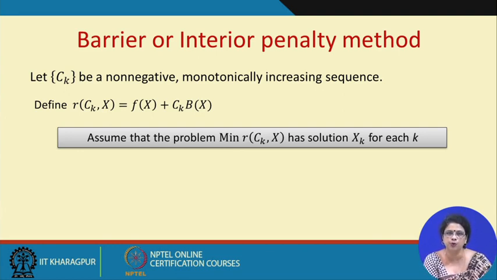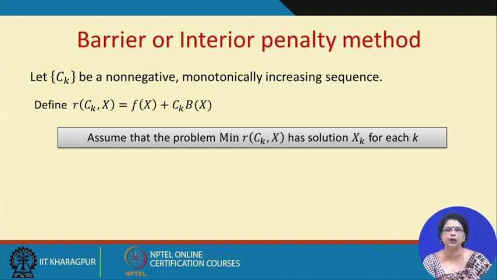If I want to move towards the feasible space, not exactly the boundary of the feasible space, at least towards the feasible space, then will the C value increase or decrease? As we have seen for the interior penalty function method, if we increase the value of C, we reach the boundary of the feasible region. But in this case, we will see that if we decrease the value of C, we will reach the boundary of the feasible region.